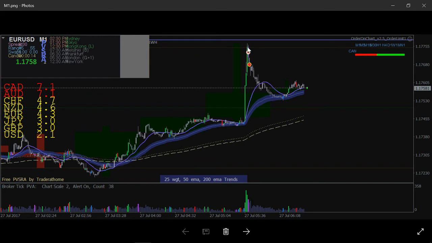Once it has reached this level, everyone is buying and pushing the price all the way here. So this is exactly the moment where market makers are going to push prices down. So they're going to sell it, and because they sell a huge amount here, prices are going to go down again.